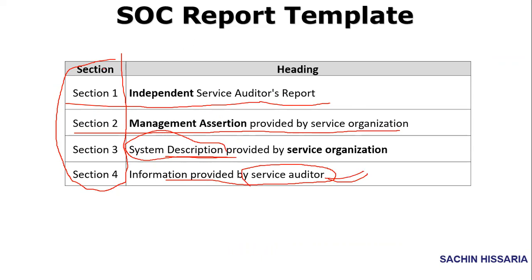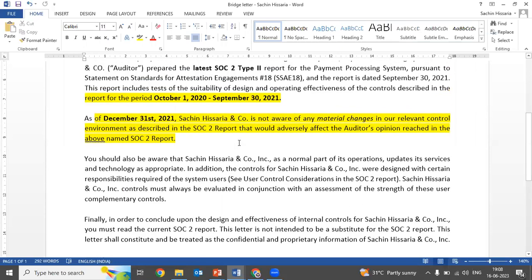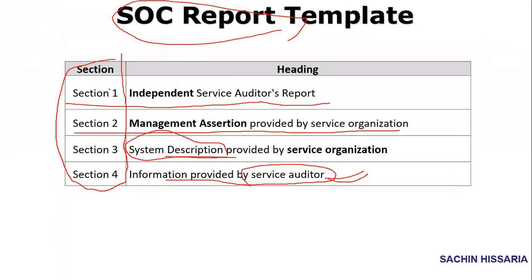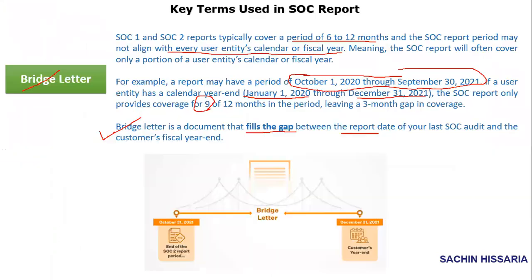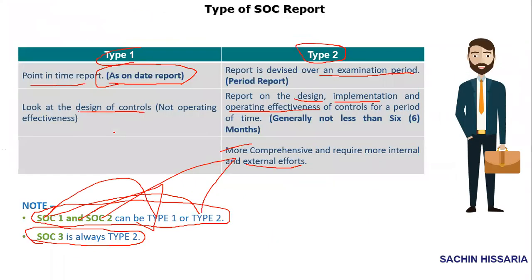In the next video, I will share this SOC report template in the same manner that I have shown you the bridge letter. We will discuss what is included in each section. And also one more important concept, which is trust service criteria.